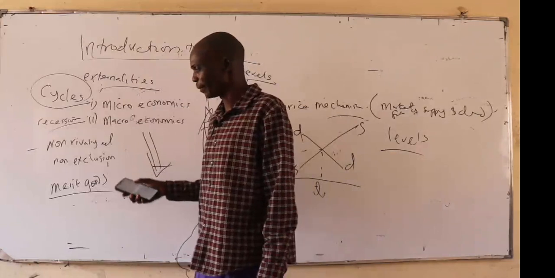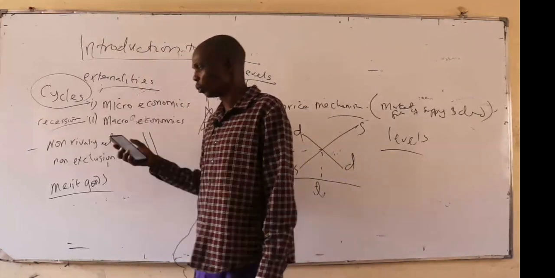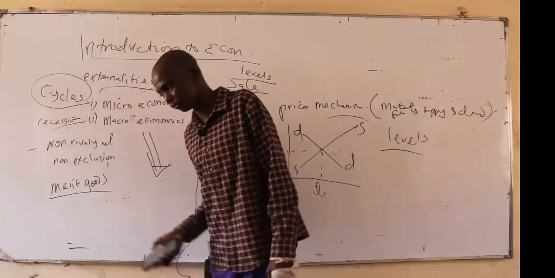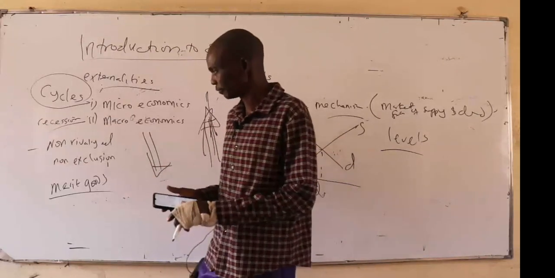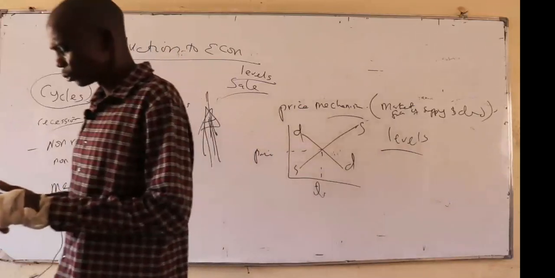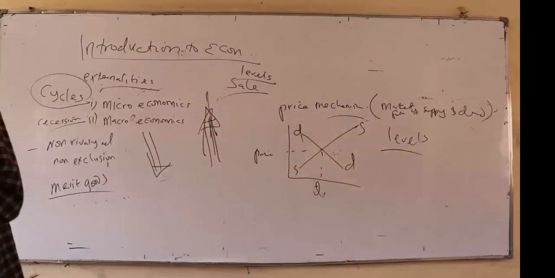So the government encourages their consumption through provision of subsidies. Examples of merit goods are education and health facilities.